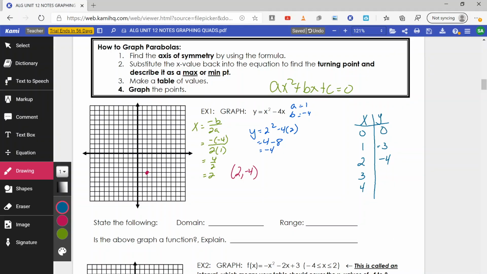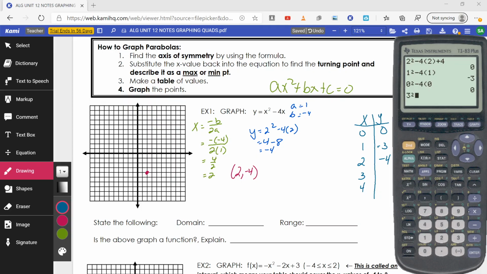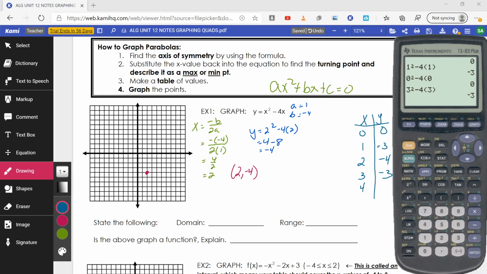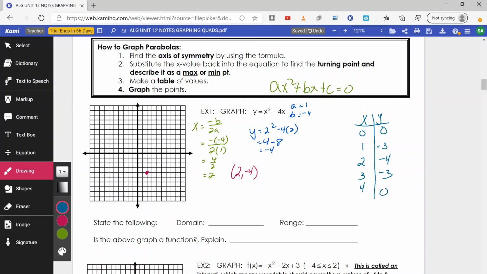If I plug in 3, 3 squared minus 4 times 3 gives me negative 3. If I plug in 4, we end up with 4 squared minus 4 times 4, which gives me 0. Notice we have repetition here. That's what we want to see. If we have a parabola, we're going to see repetition like this: 0's on the outside, negative 3's, and then negative 4 in the middle.